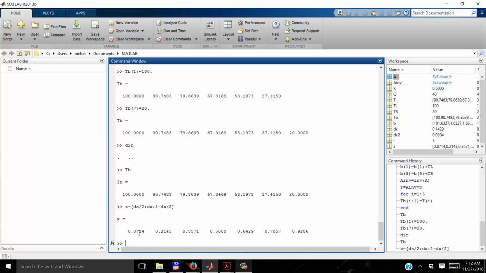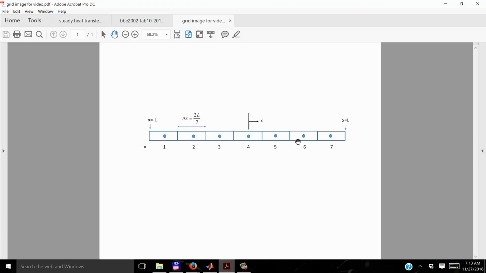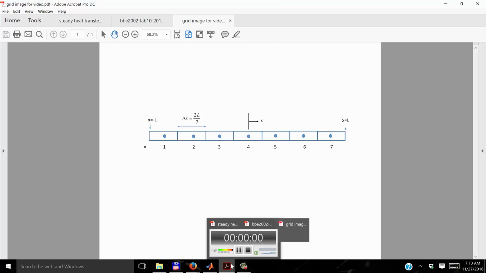To illustrate that, the point at the center of the grid cell gives you the x location of it. This first one appears at 1/2 of a grid cell over from the left-hand side, and this one here, number 7, appears at 1/2 of the distance from the other wall.